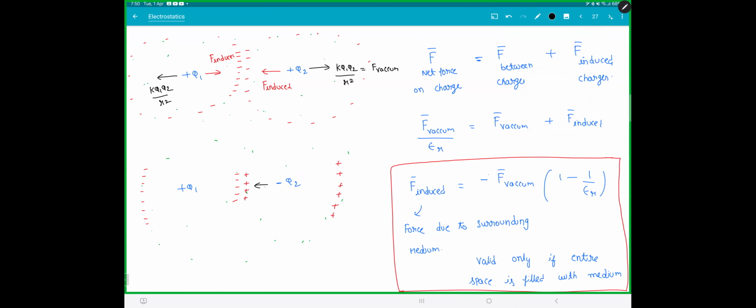Now this will attract, this will attract. K Q1 Q2 by R square is the force between the charges. Now the induced forces are outward. So here also the force decreased. It doesn't matter, whether like charges or unlike charges, the force will always decrease. Is this clear, everyone?